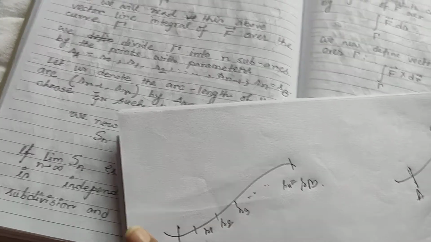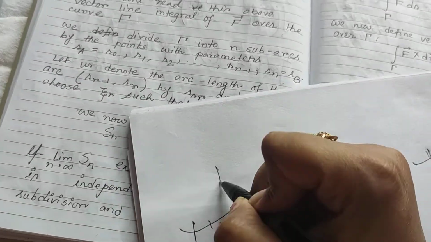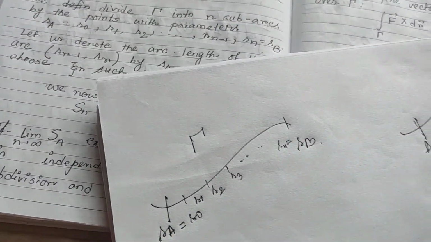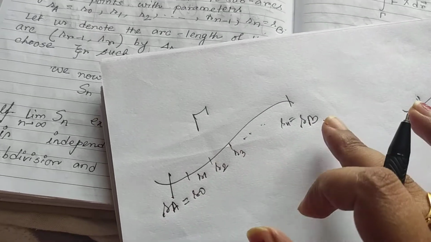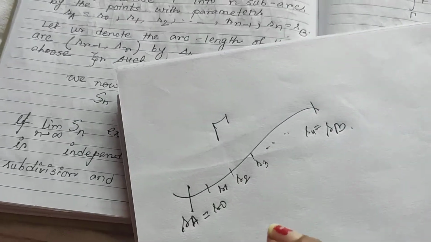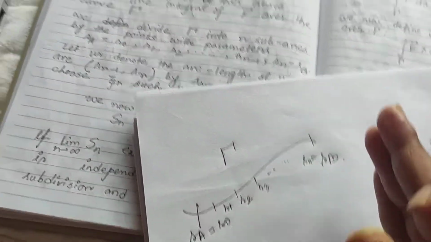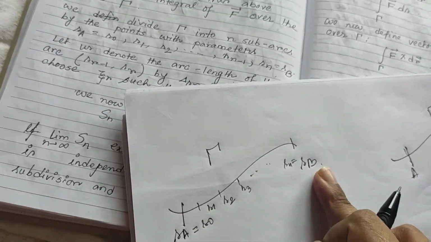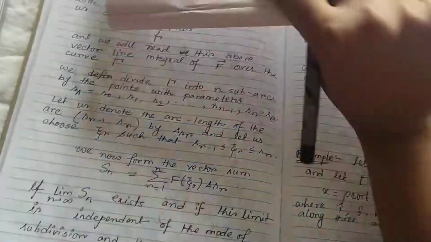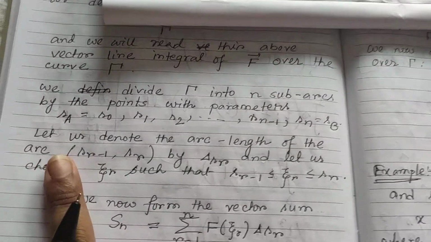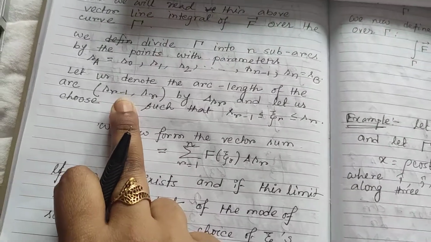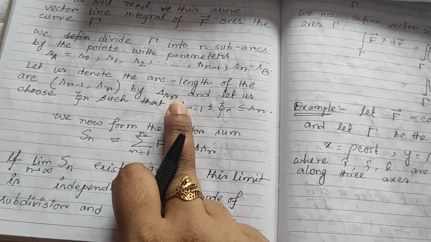So we are just trying to divide my curve gamma. You know that gamma is a particular portion of the curve from SA to SB. Now what we have done is taken n equal sub arcs from the point SA to SB. Let us denote the arc length of the arc from S(r minus 1) to S(r) by delta S(r).